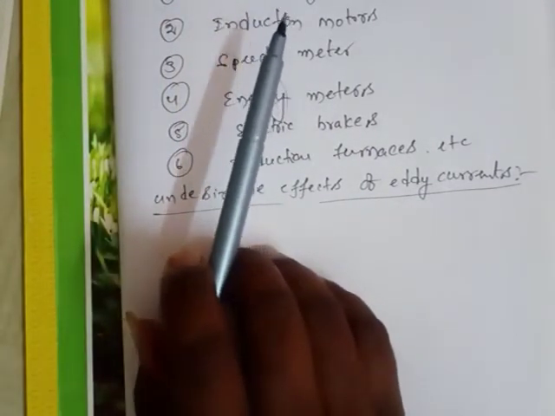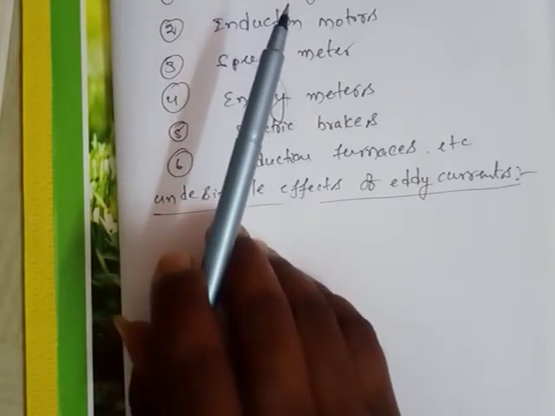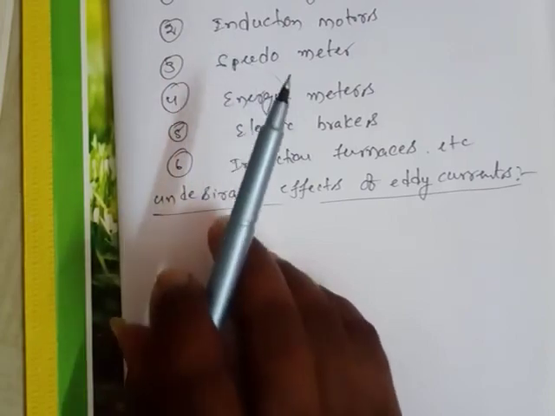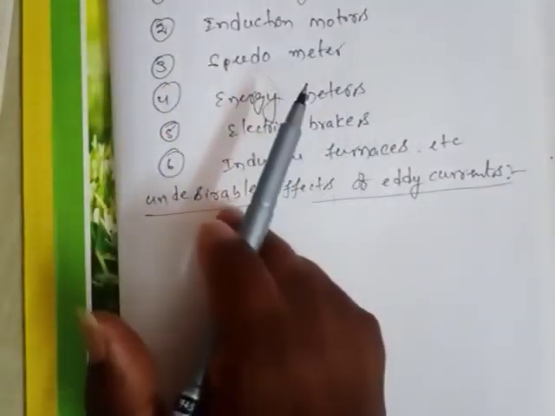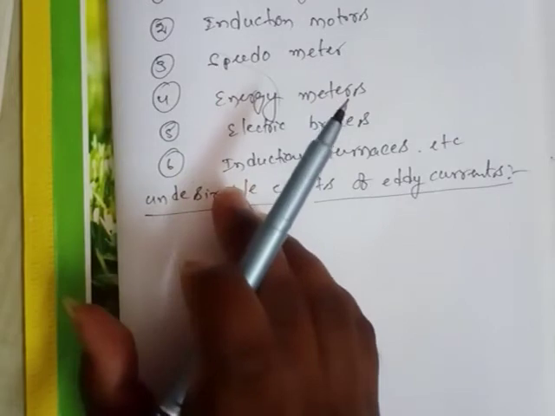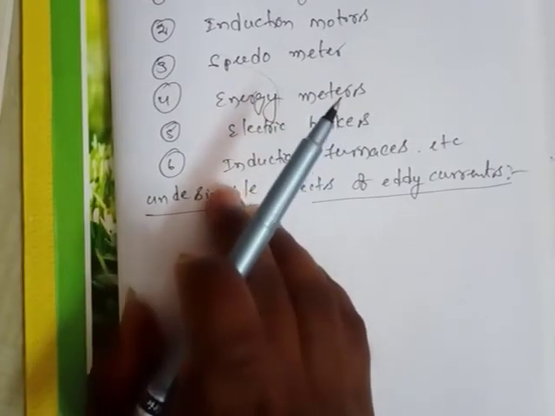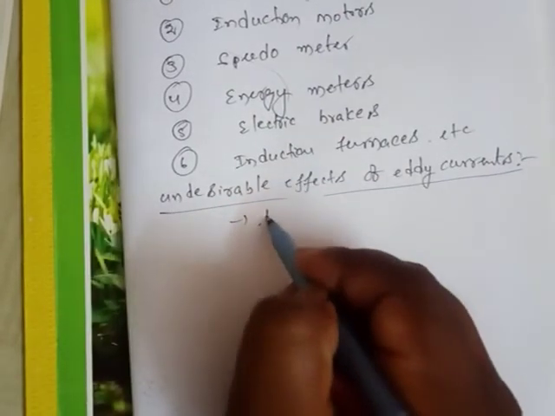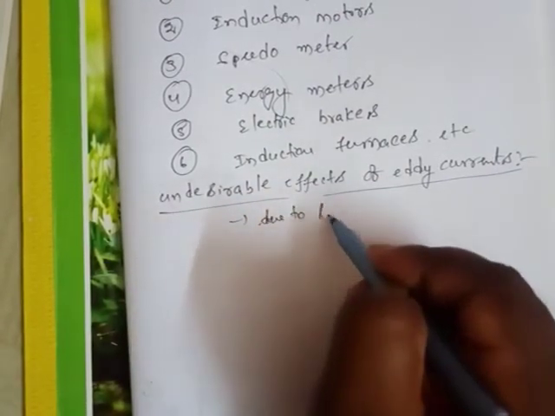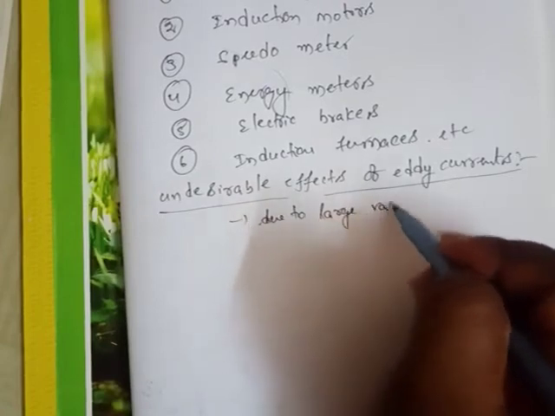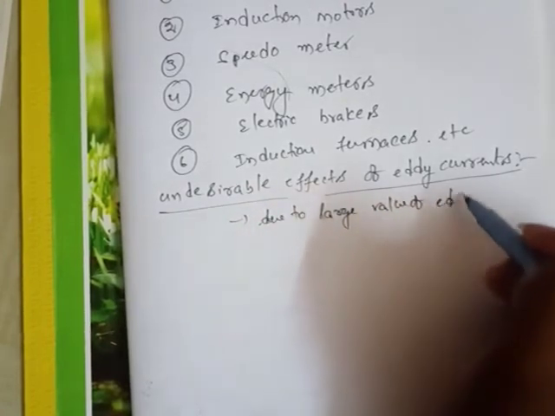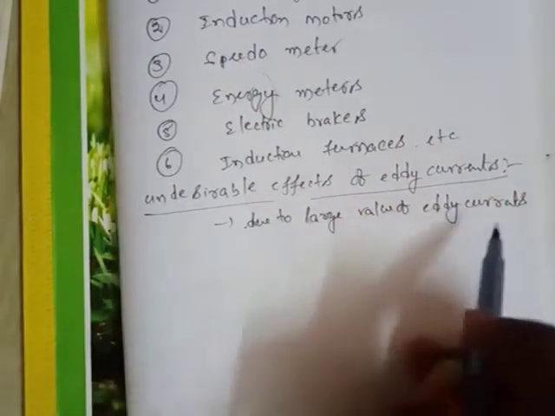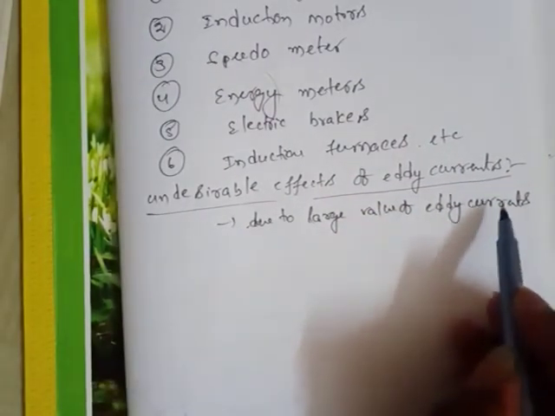In that case the resistance of the metallic conductor is low. If the resistance is low, the magnitude of eddy currents will be very large. As a result, a large amount of heat is produced due to the large value of eddy currents, because of the low resistance.